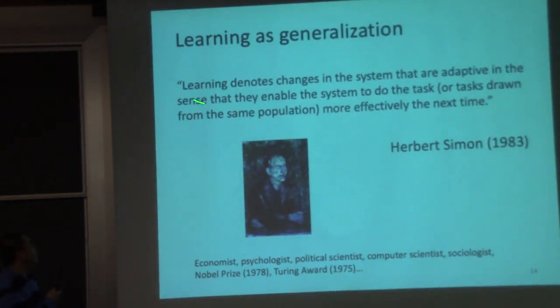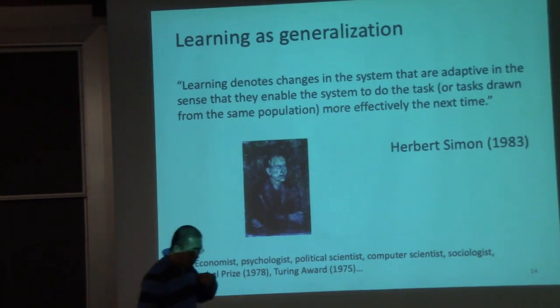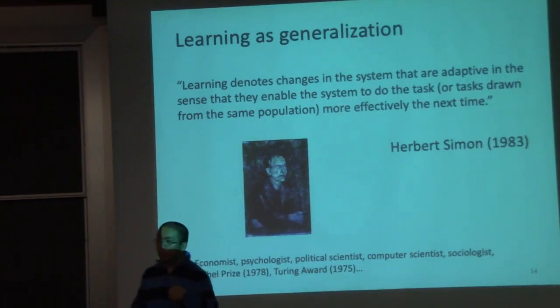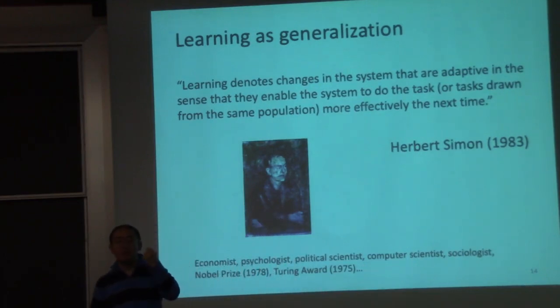It says, learning denotes changes in the system that are adaptive in the sense that they enable the system to do the task more efficiently, more effectively next time. So meaning that after the process, if your capability of doing some particular task improved, then we call this process a learning process.